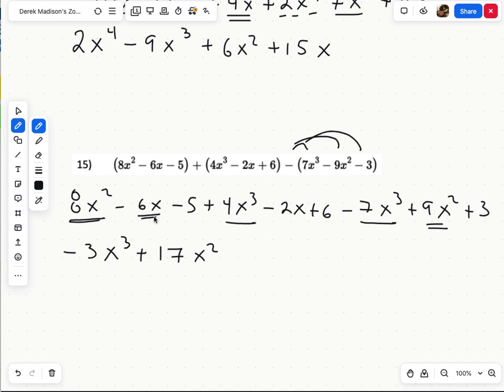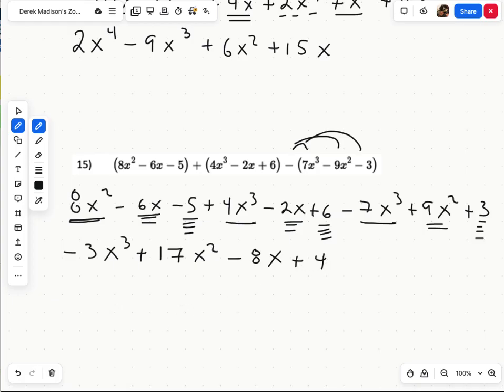For linear terms, we got an x there, we got one there, that's it. So minus 6 minus 2 would be minus 8x. And then for our constants, it looks like we got right here, right there, and right there. So minus 5 plus 6 would be 1, plus another 3 should be plus 4.